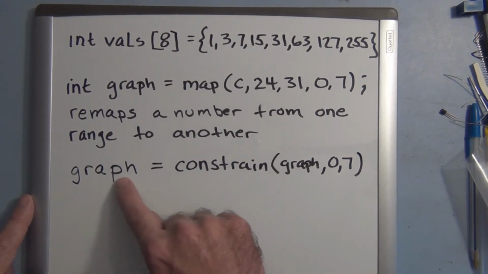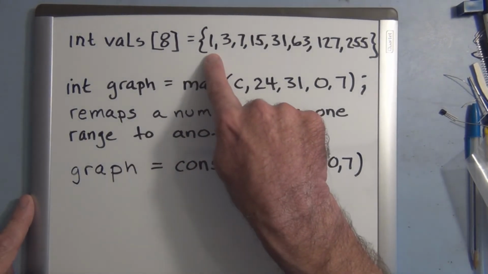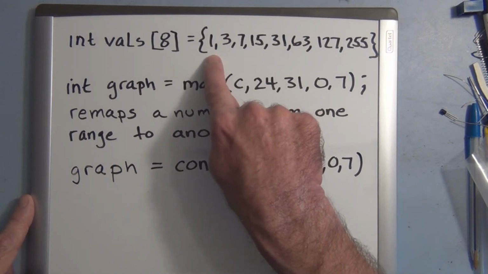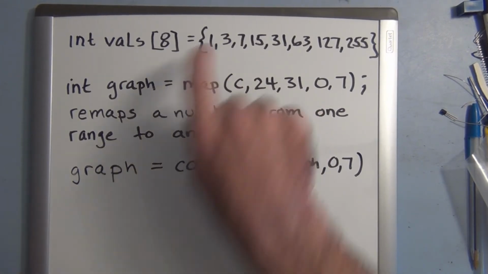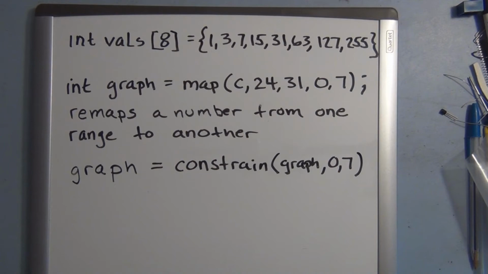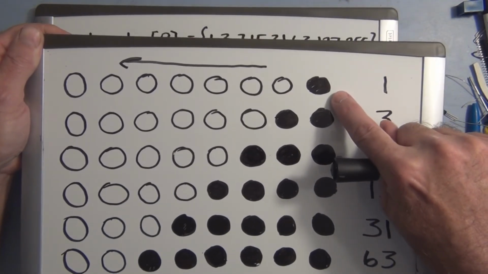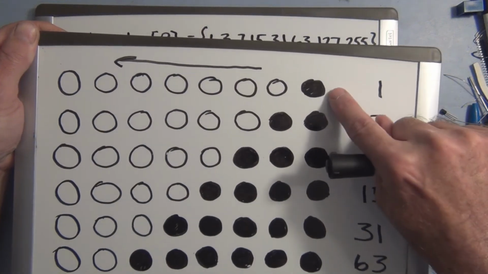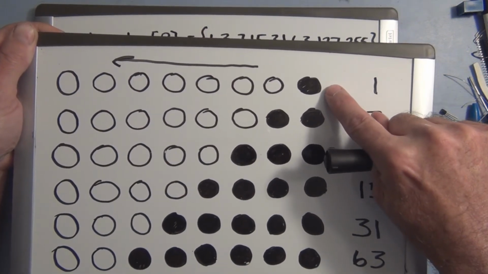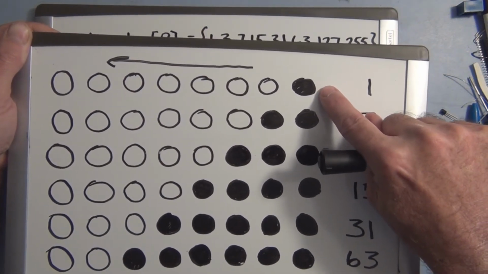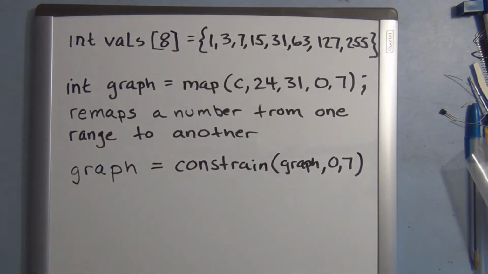So if graph is equal to 0, it's going to point to this element, which is a 1. And that 1 is going to be this in binary. And this will get shifted into the shift register to turn on the appropriate LED.